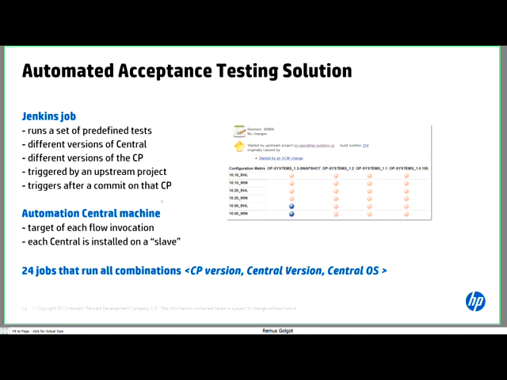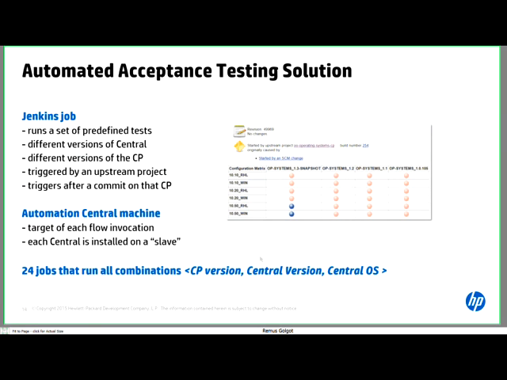And this downstream project will be a matrix configuration project, which will run certain combinations of the version of the content pack that you built on a couple of versions of, in this particular example, Central, so versions of OO, and versions of the operating system that Central is installed on.